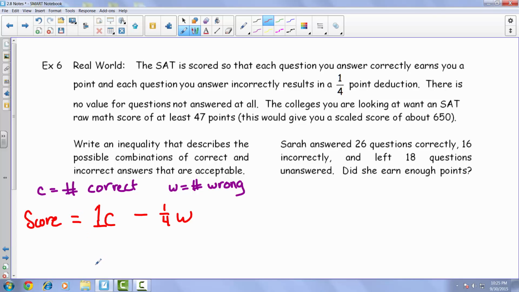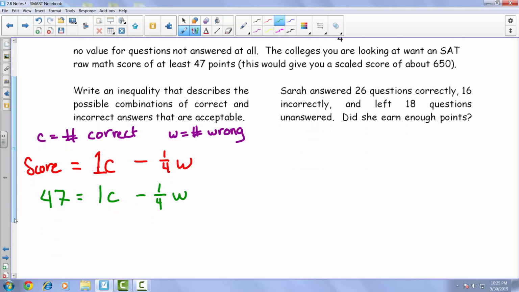Now, our goal is to try and get at least 47 points. So as a result, instead of our score, we would just simply replace that with a 47 is equal to 1 times C minus 1/4 W. And if we wanted this to in fact be true, we want at least a 47.